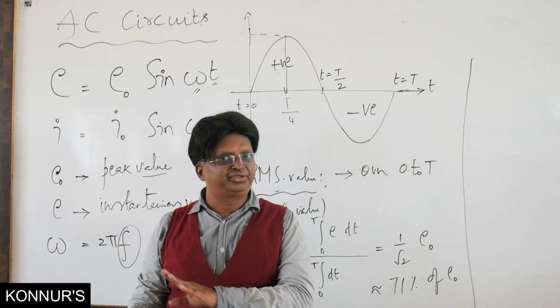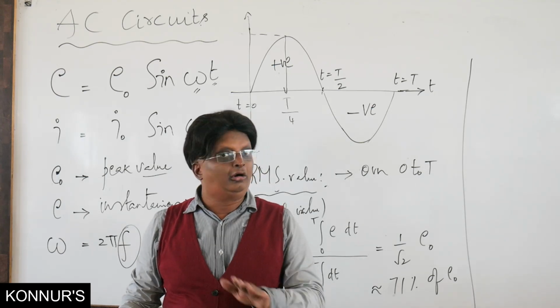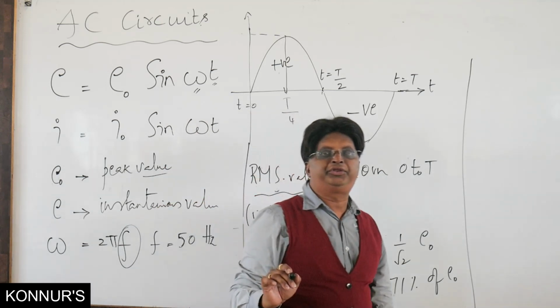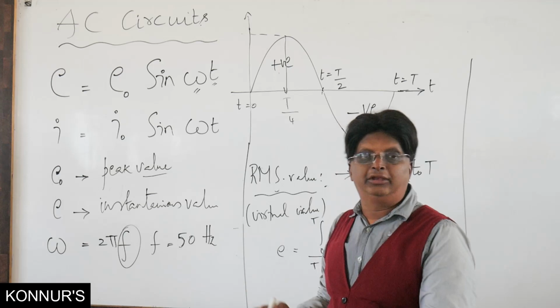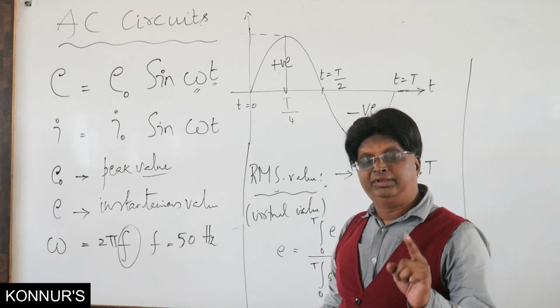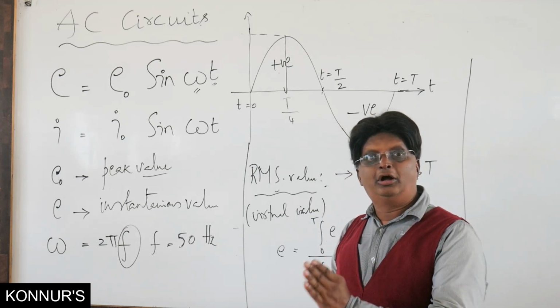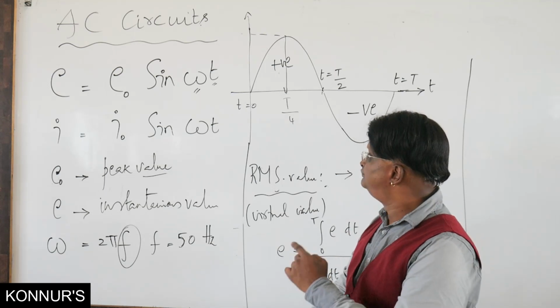They don't measure instantaneous values or peak values or average values. So the AC meter readings given in the data are not to be taken as E naught or I naught; rather we should take them as E RMS or I RMS.